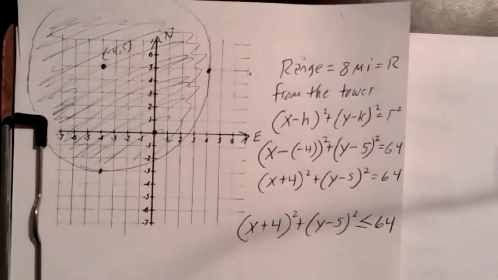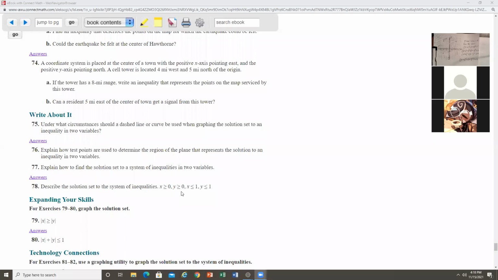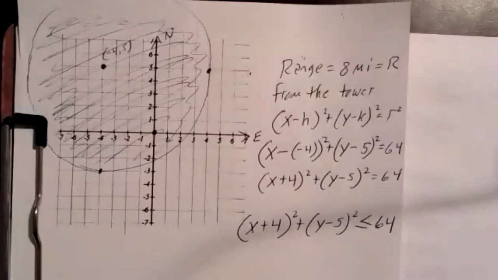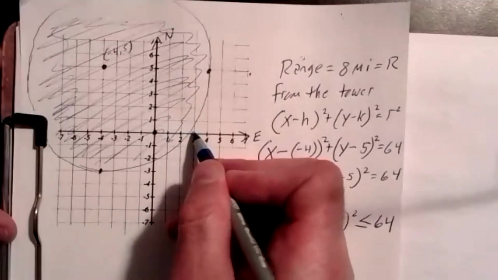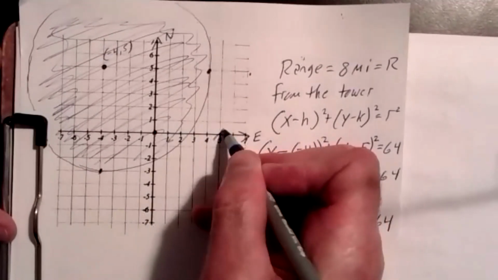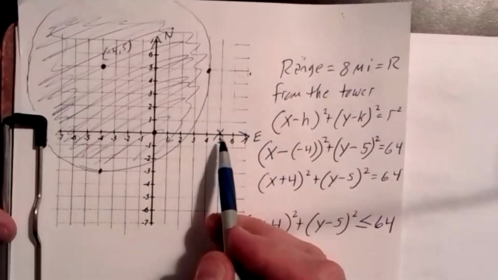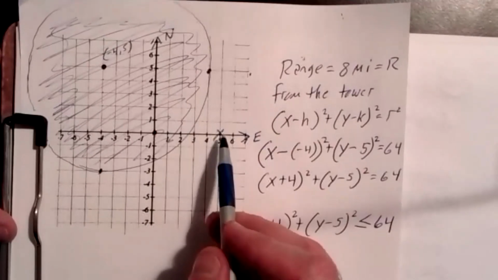All right. Now, what was that other question they asked us? There was another question. It said, can a resident 5 miles east of the center of town get a signal from this tower? 5 miles east. Well, they're going to be out here, 1 mile, 2 miles, 3 miles, 4 miles, 5 miles. Ladies and gentlemen, are they going to be able to get the signal? 5 miles east of town?